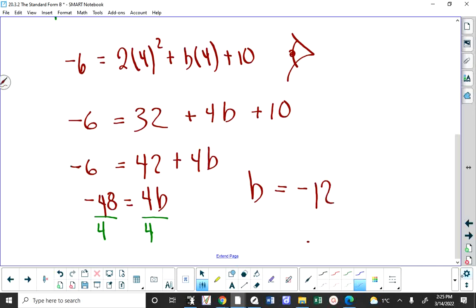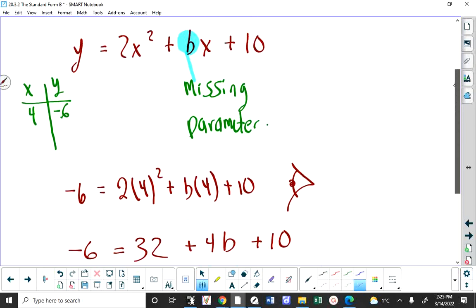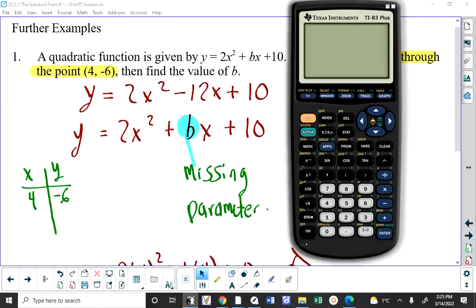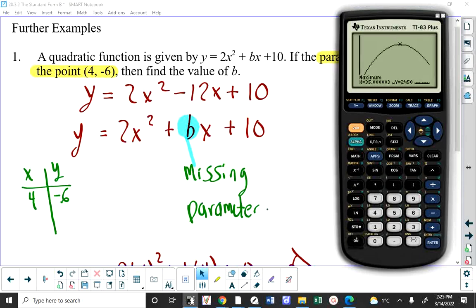Yes? Okay, we could check this, because if b equals negative 12, then the function should be y equals 2x squared minus 12x plus 12, plus 10. I'm just putting in the negative 12 for b. Let's graph it on the graphing calculator and see if it passes through that point. 2x squared minus 12x plus 10.